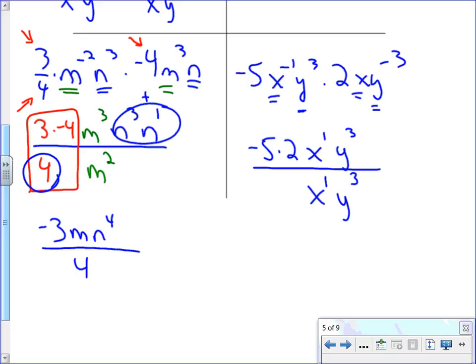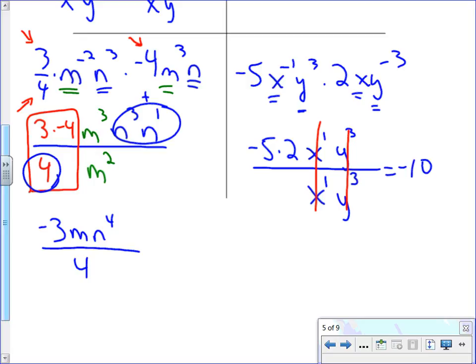Remember when you switch them to the denominator, sorry, when you do the reciprocal, that the power then becomes positive. And what a strange thing, these two cancel out, these two cancel out, and my final answer here is -10.